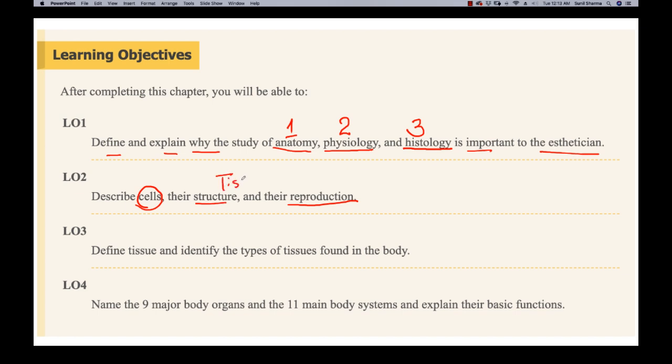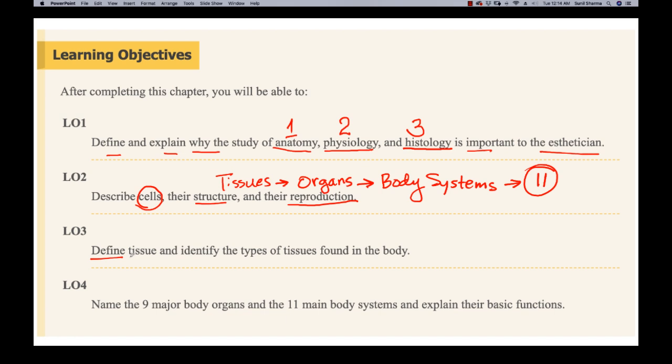Tissues will come together to form organs, and organs will come together to form body systems. And how many body systems are we talking about? We are talking about 11. Okay, so a little bit of review there.